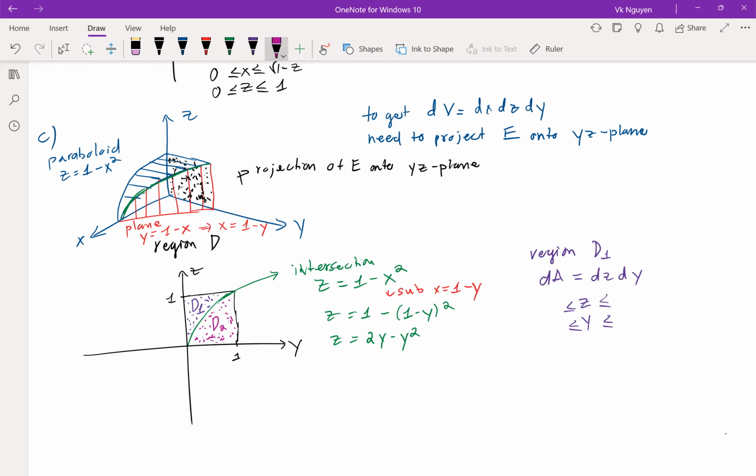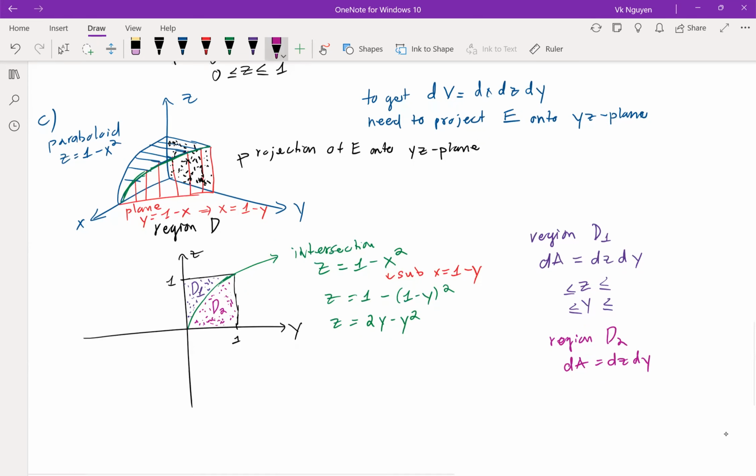And then we also have a region D2. Of course, the dA has to be dz dy because the projection is onto the YZ plane. For D1, z is going to be from the curve 2y minus y squared to the line z equals 1, and y goes from 0 to 1.